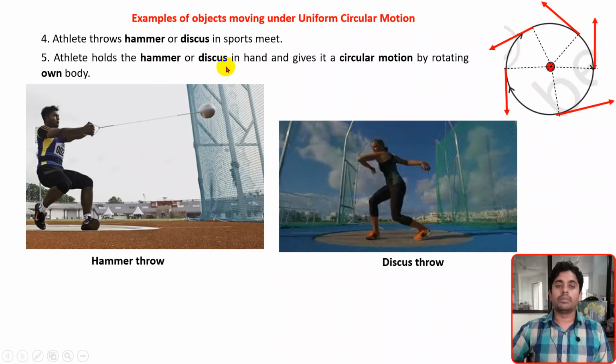So the athlete holds the hammer or disc in hand and gives it a circular motion about their own body, or about their own axis, and at a particular position they throw, and after throwing, that object will move in a straight path which is tangential to the circular orbit they have made about their own axis. So this is an example of uniform circular motion.